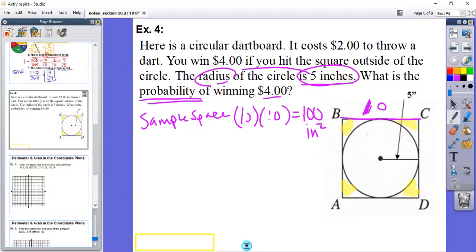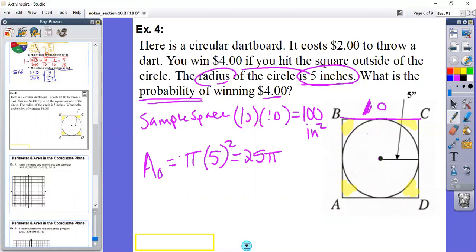So when I think about area of circle, the formula for a circle is pi r squared. So we're going to take pi and multiply it by r and square the r. So that's going to give me 25 pi. This is something I can plug into the calculator later.